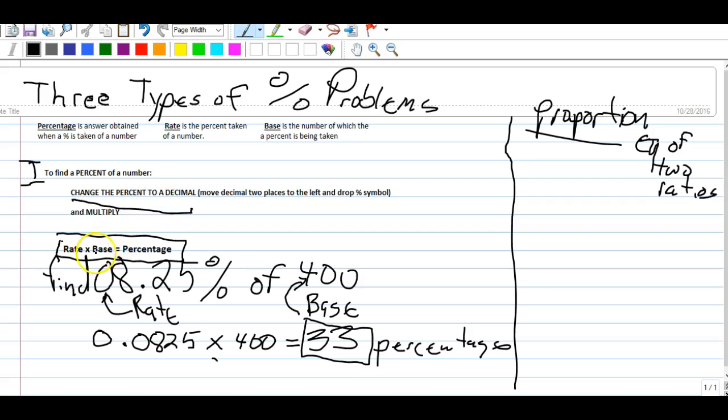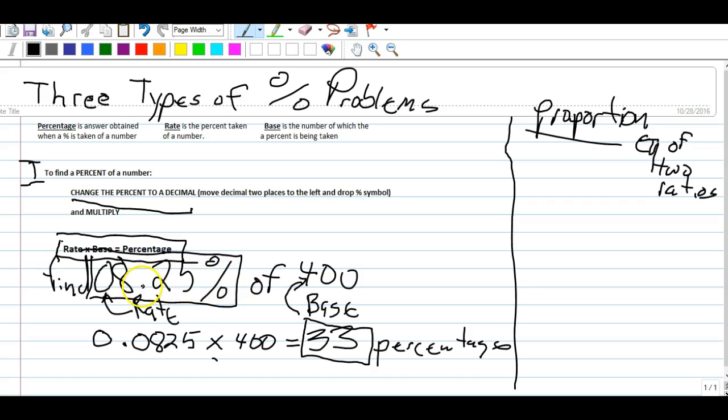One of the ratios is going to come directly from your rate or your percent. Remember, we said that percent means hundreds. In fact, legend has it that this is the 1 and this is the 2 zeros in the number 100.